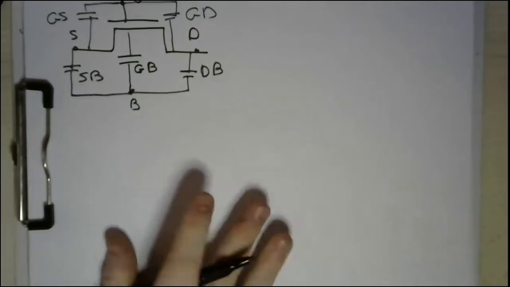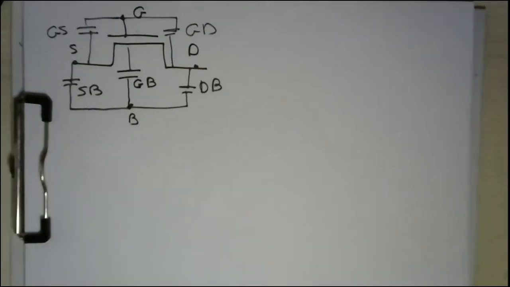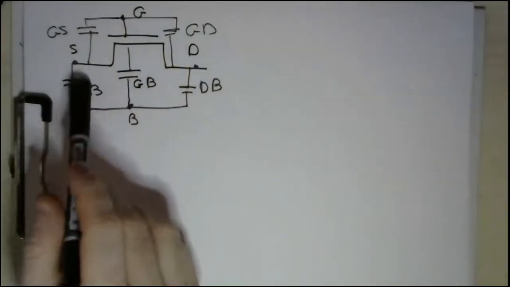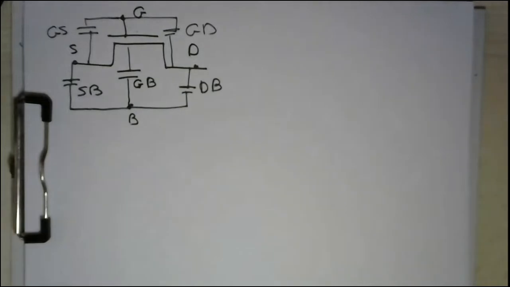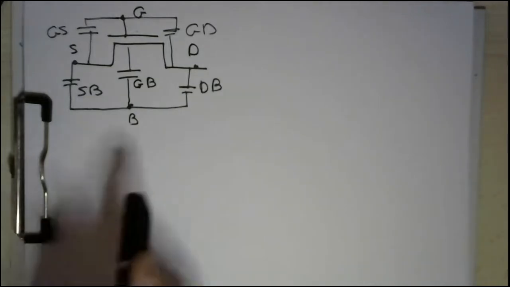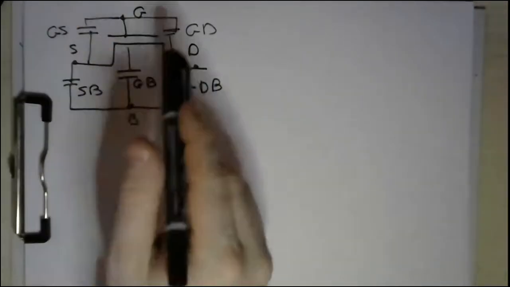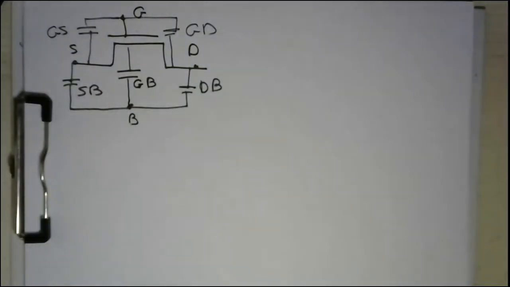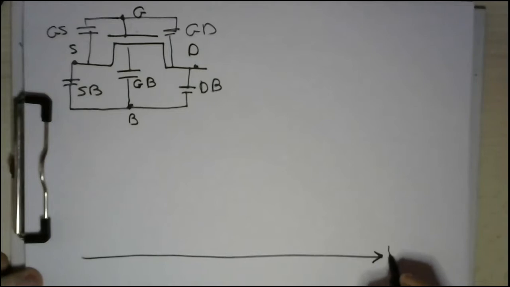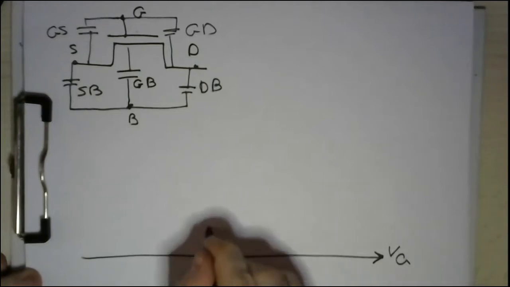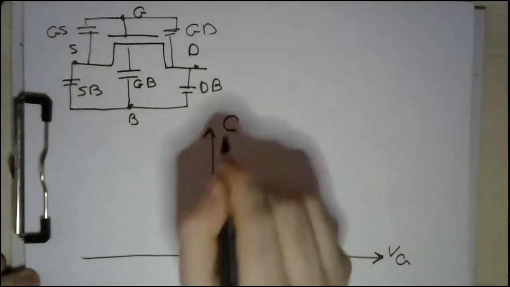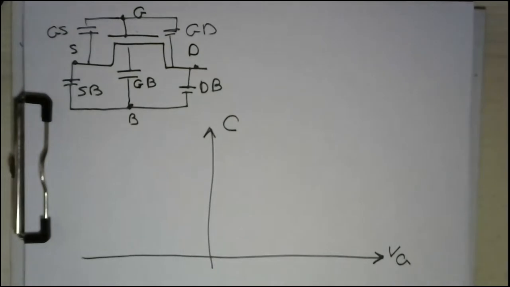So what we are intending to do now is to check the variation of these capacitances in terms of the gate voltage, VG. So we have VG on the x-axis and the C, or the capacitance, which is the overall capacitance, on the y-axis.